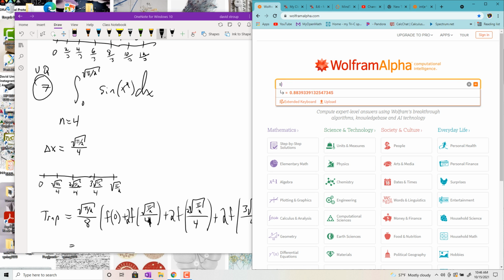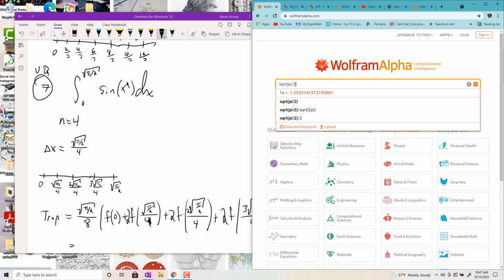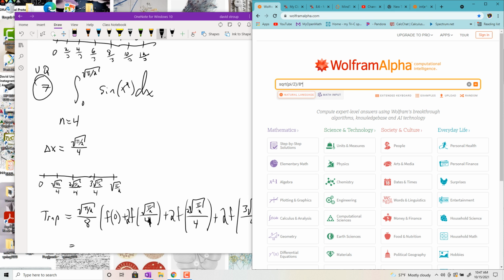So square root of pi over 2 divided by 8 times a bunch of stuff. So what do I need? Sine of, this first one's going to be 0. Putting sine in there.